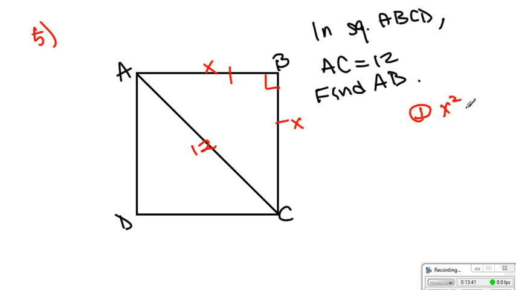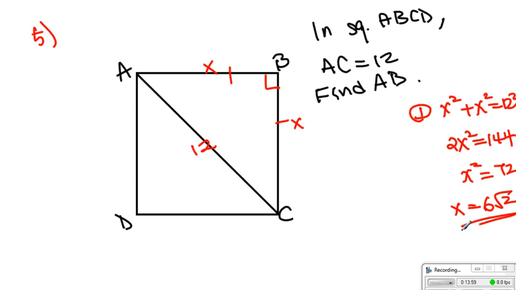Hence we have x squared plus x squared equal to 12 squared. And then continue from there. You're going to get 2x squared equal to 144. x squared must be equal to 72, where x, after simplifying, is 6 square root of 2.